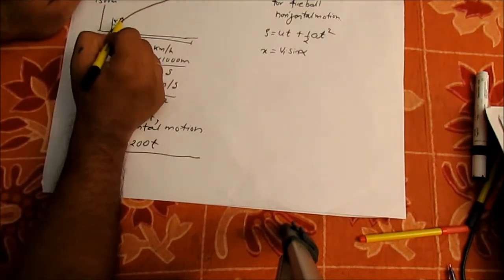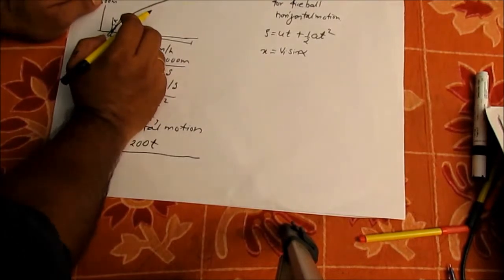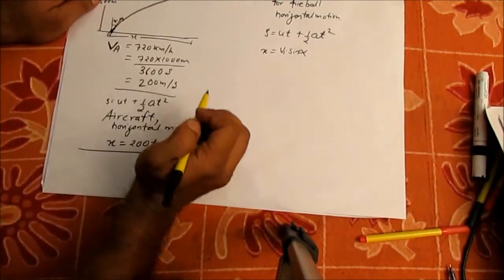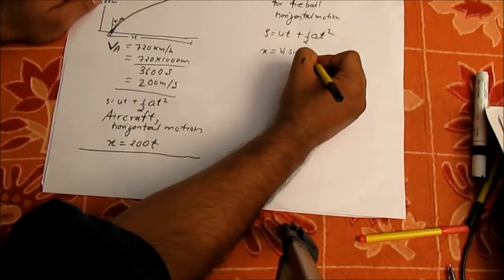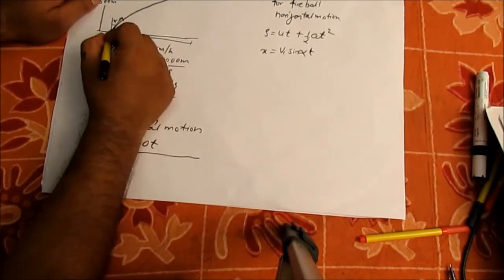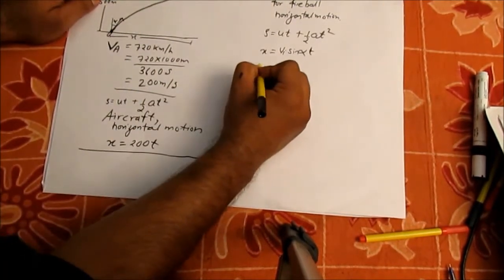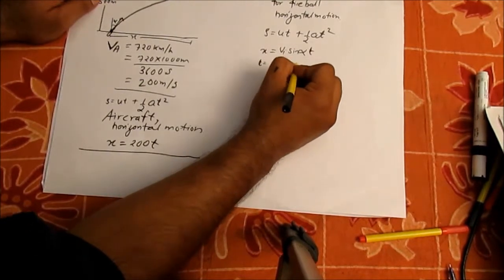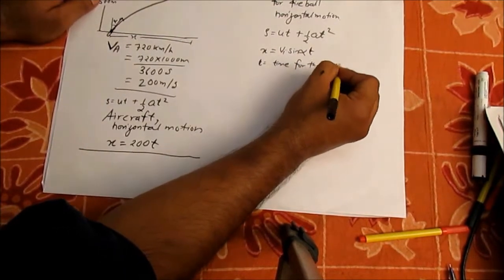The initial velocity is 600 meter per second, into t, where t is the time for the collision.